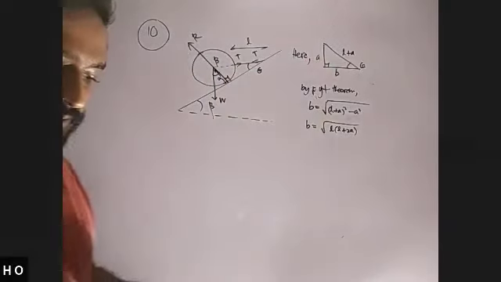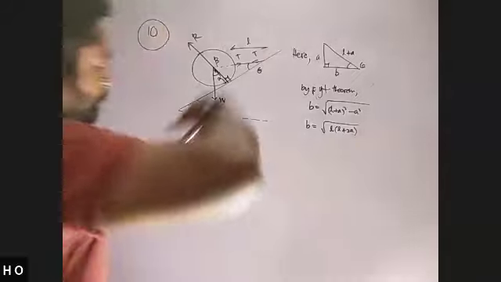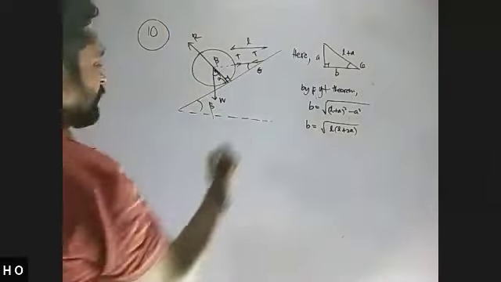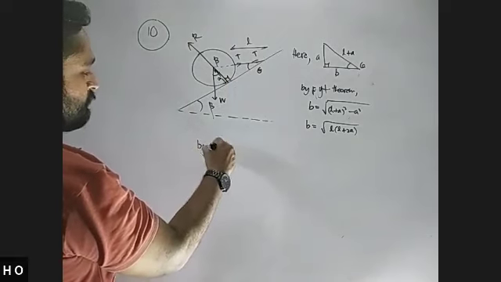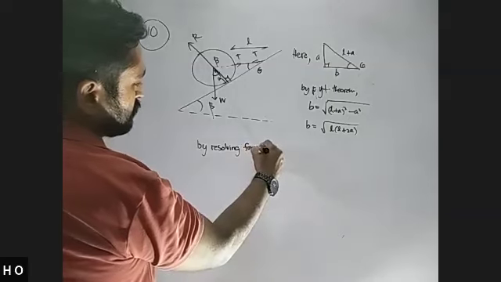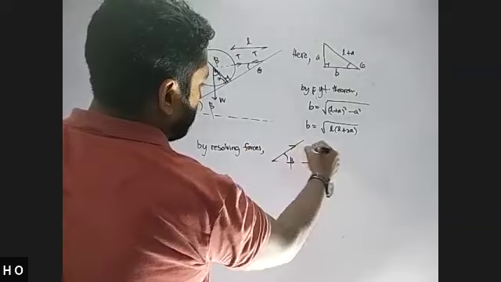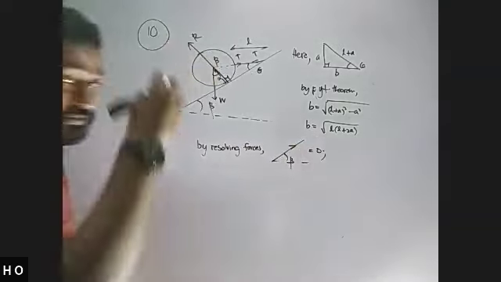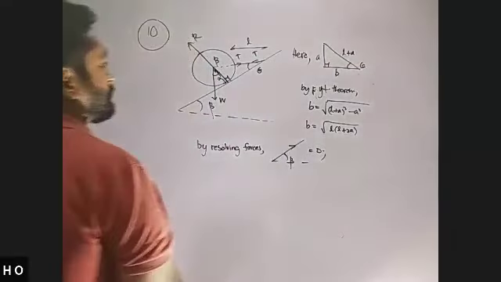Here in particular, since we are asked to find the tension, let us resolve along the inclined plane. So you can say by resolving forces along the inclined plane is going to be zero since it is in equilibrium.